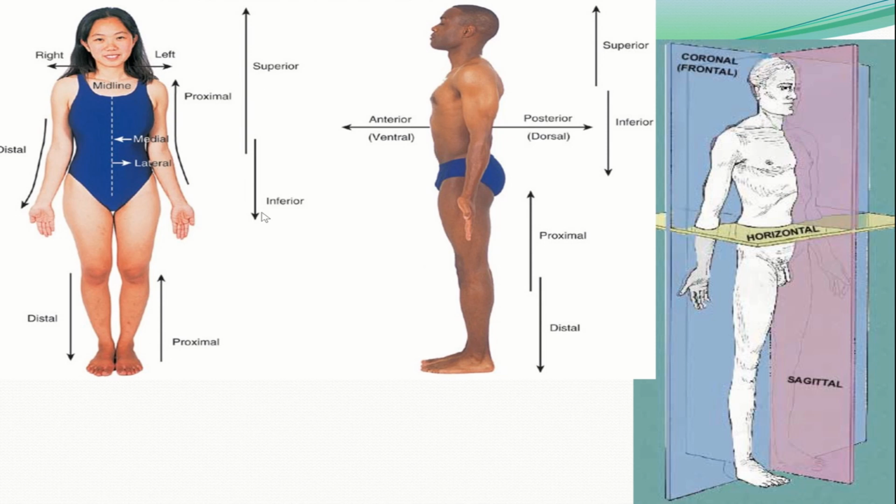So like superior and inferior are the two sides of the horizontal or transverse plane. Left and right are the two sides of the medial plane, the median. Medial and lateral is how far or close to the midline we are. Proximal and distal are really only the exceptions there.